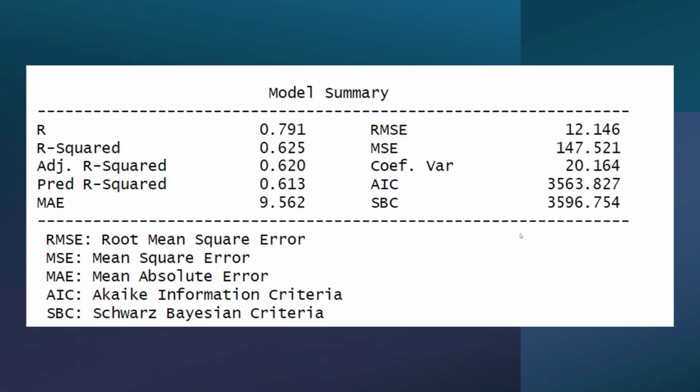So there are some thresholds in textbooks, but I would really make a determination about r squared based on your data and your model and the environment and situations in which the data were collected. It is very, very much context specific.